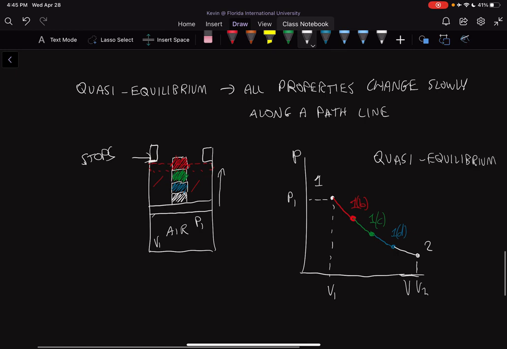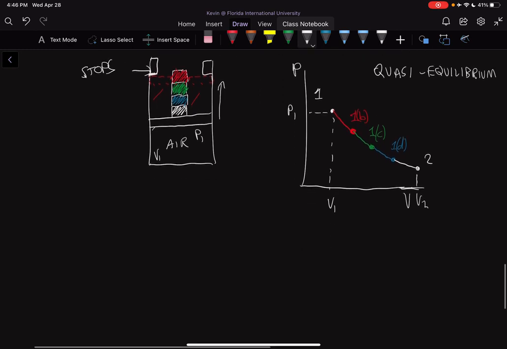What it means is that the process happens slowly, where you take out 1 block, another little by little, and you can find the path that is happening throughout while the piston reaches a new equilibrium. So if you had 3 blocks left, for example, if I redraw my piston cylinder assembly here, you would move up a little bit to a new equilibrium.